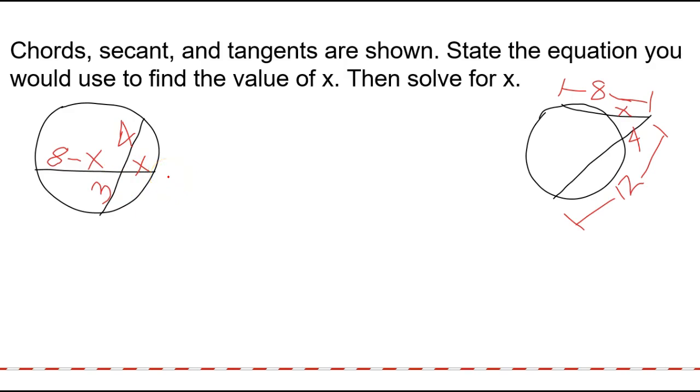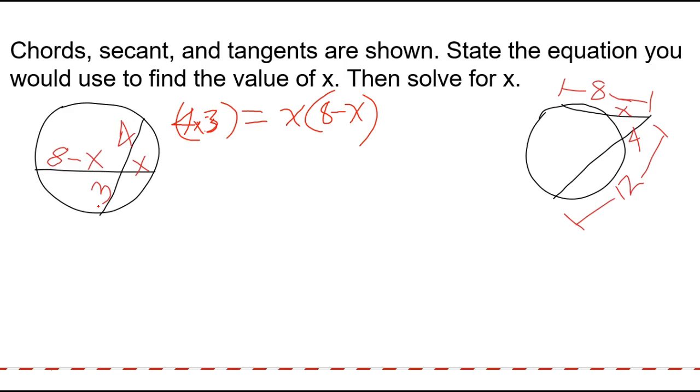So we set it up: 4 times 3 is going to equal x times 8 minus x, because 8 minus x and x are on the same chord, so you multiply them, and 3 and 4 are on the other chord, so they equal each other.